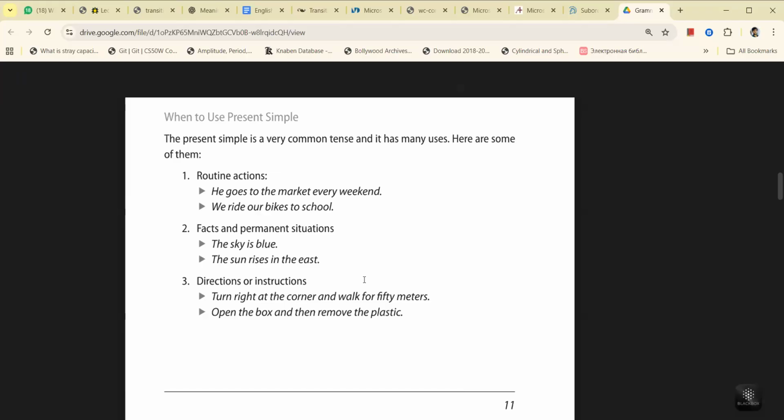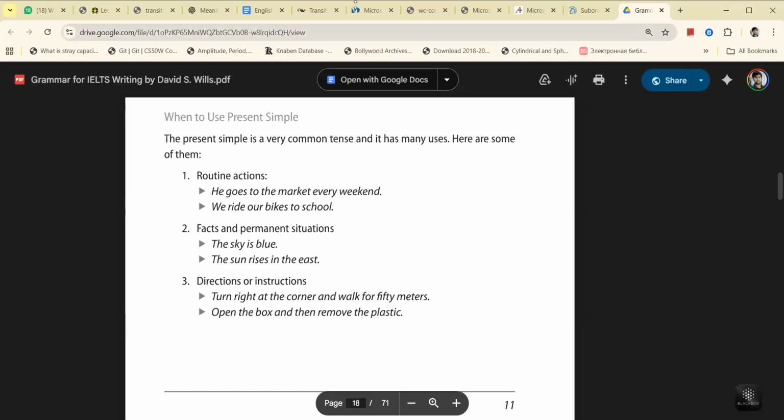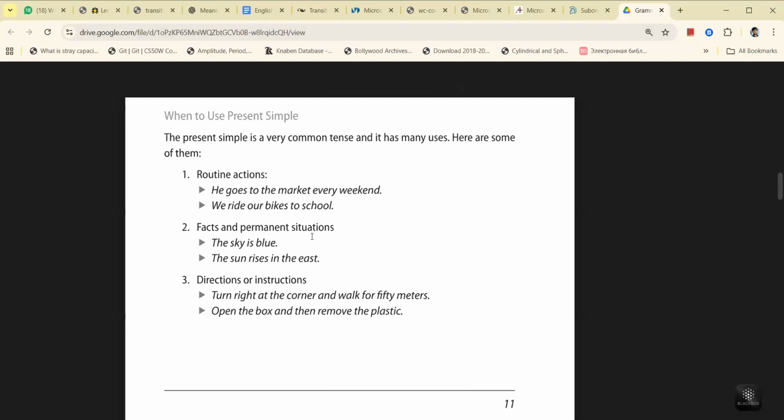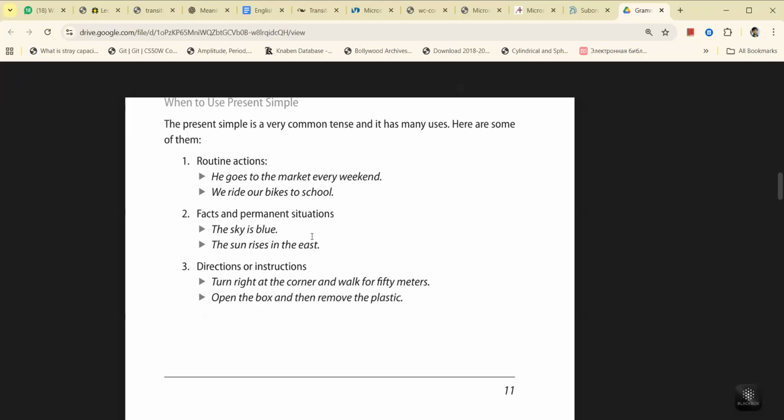If you have to describe facts and permanent situations, you can use the present simple tense again, like the sky is blue, the sun rises in the east. So whenever you have to describe facts, you can use the present simple tense.